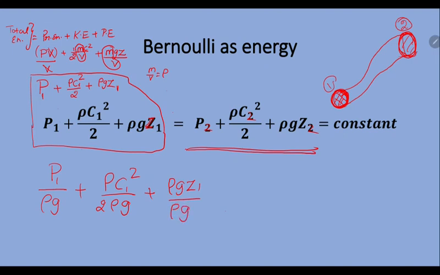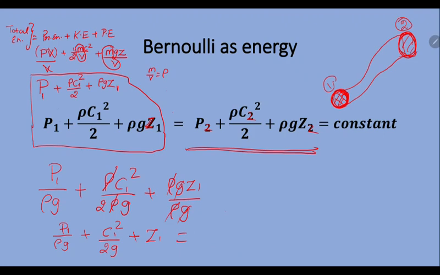So p by rho g is just p by rho g. Plus rho gets cancelled, so I get c1 square by 2g, plus again rho and g get cancelled, z1.